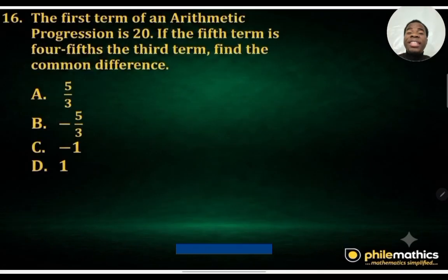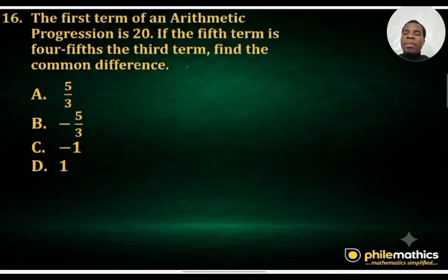This question simply tests our knowledge of arithmetic progression. It says the first term of an arithmetic progression is 20. If the fifth term is 4/5 the third term, find the common difference. So you want to start with a formula.